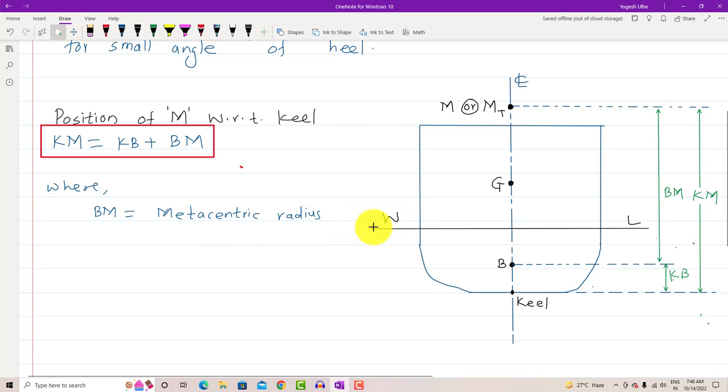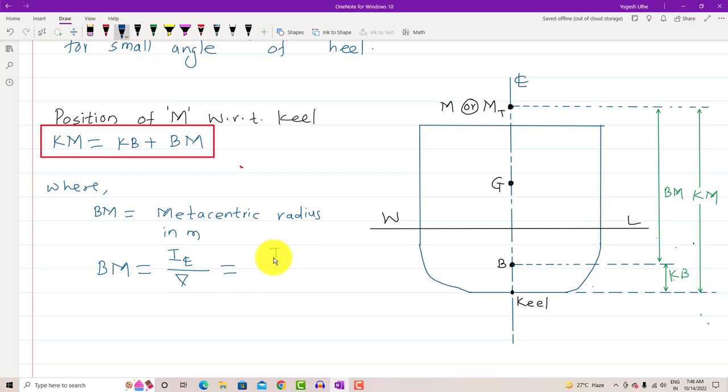Try to see the scenario. And this radius must be in meters. And the relation for BM, you should know this relation for BM, guys. BM equals I center line divided by volume of water displaced, or I center line divided by density times delta.